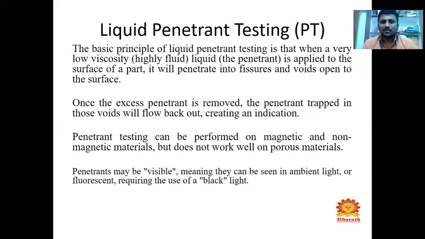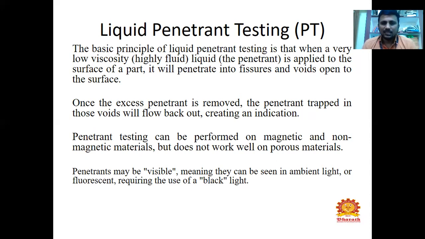The penetrants may be visible, meaning they can be seen in ambient light, or fluorescent, requiring the use of black lights. In liquid penetrant testing, one of the major requirements is the penetrant. Based on the penetrant, we can check the defects of the material.